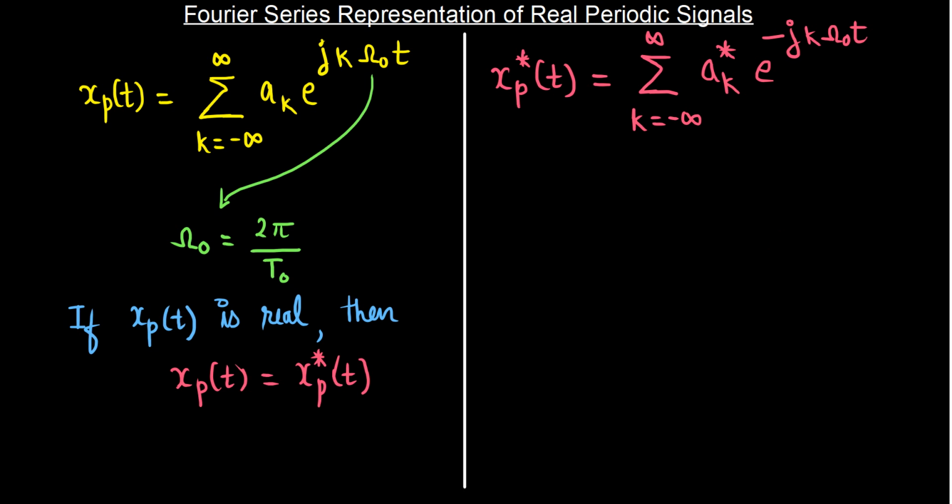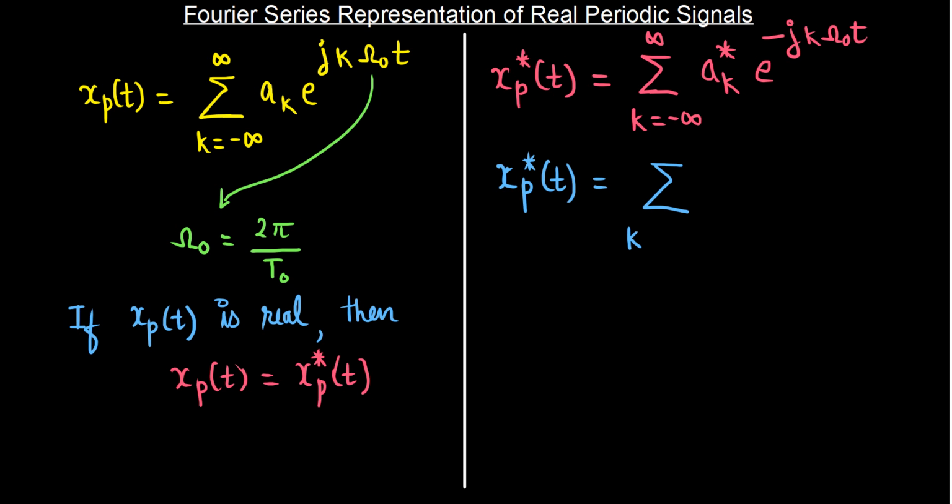With the help of change of variable in this formula we can obtain a new expression: xp of t star is going to equal the summation, where k is replaced by minus k, or you can say minus k is replaced by k.